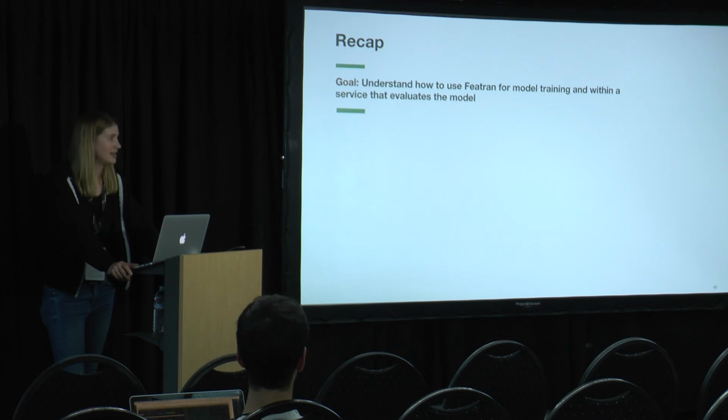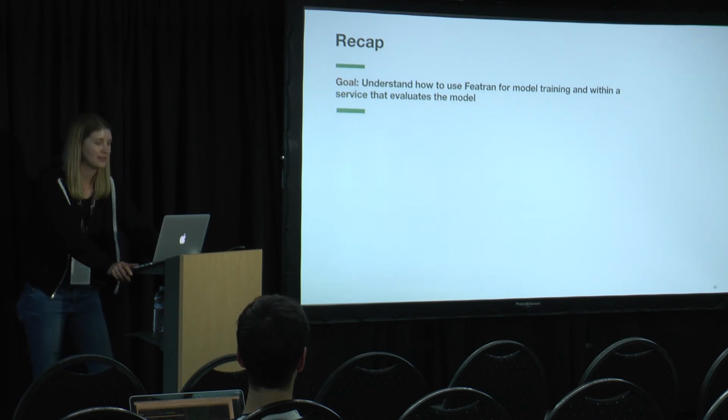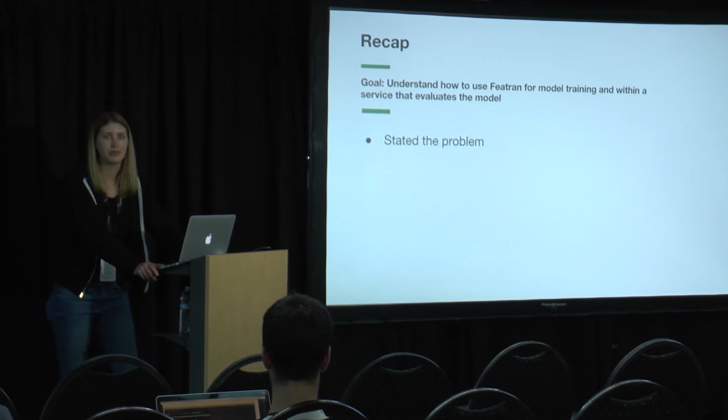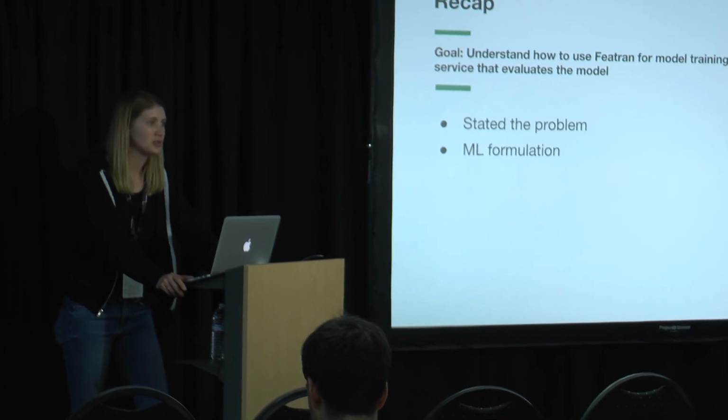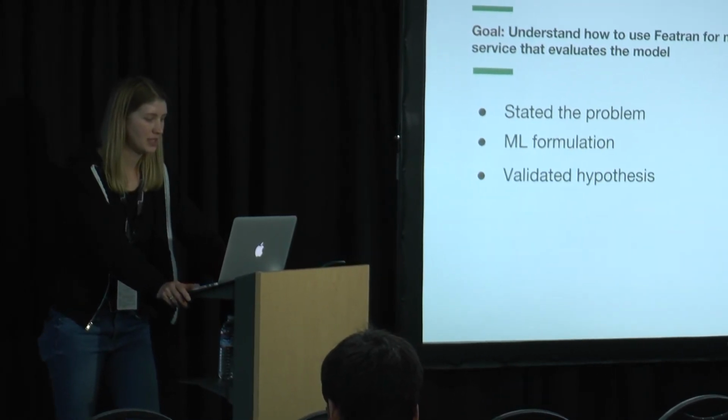Okay, so at the end now, hopefully you understand how to use feature for model training and within a service that evaluates the model. We started with stating the problem, which is wanting to re-rank content on home. We then provided an ML solution for that given problem.